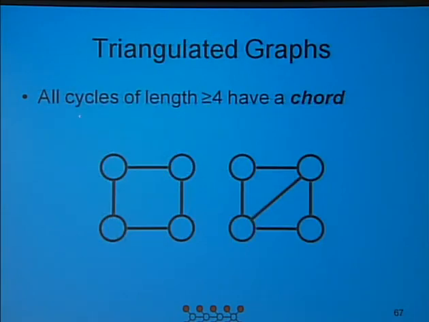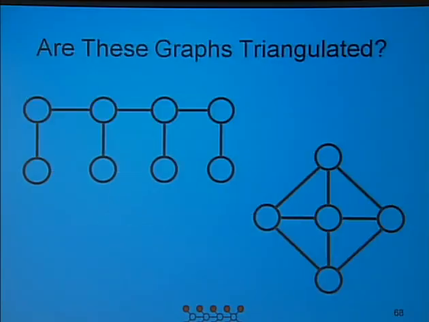A graph is triangulated if all cycles of length greater than or equal to 4 have a chord. This graph is not triangulated because you have a cycle of length 4. And here you have a cycle of length 4, and there's a chord between two of the variables, so this graph is triangulated. Thought question: are these triangulated? The first one is yes, it's a tree.